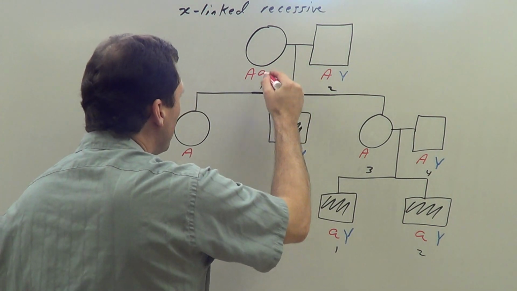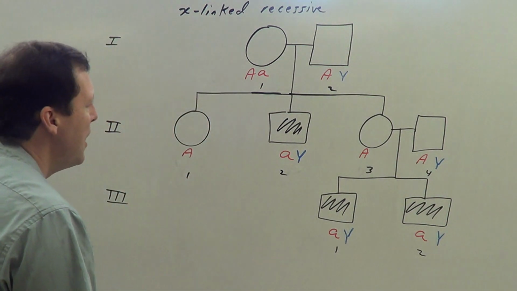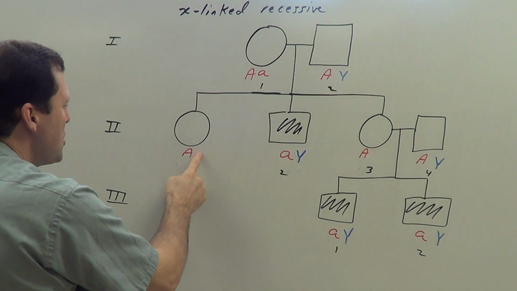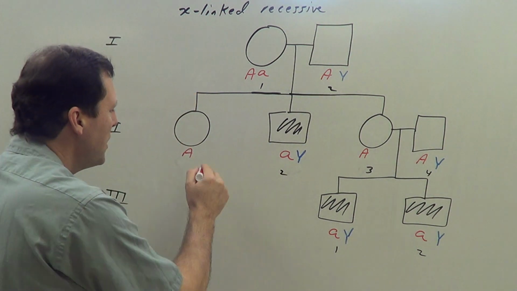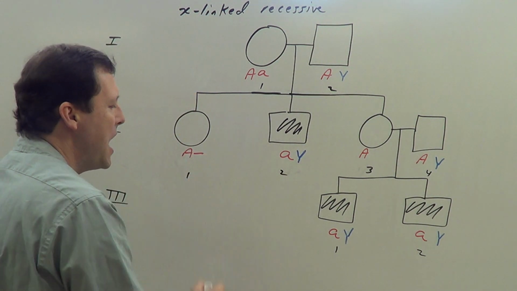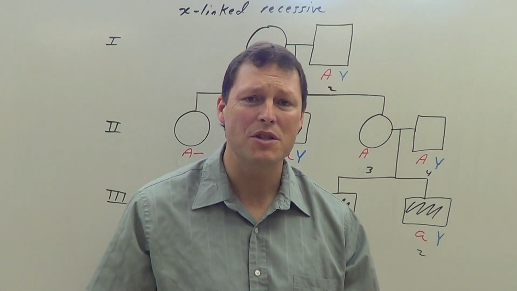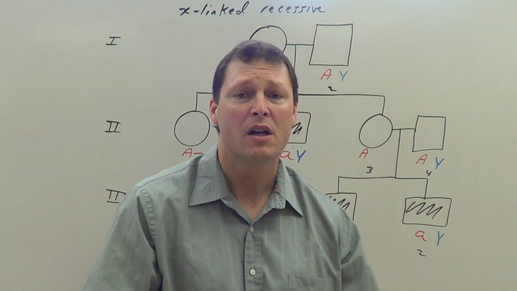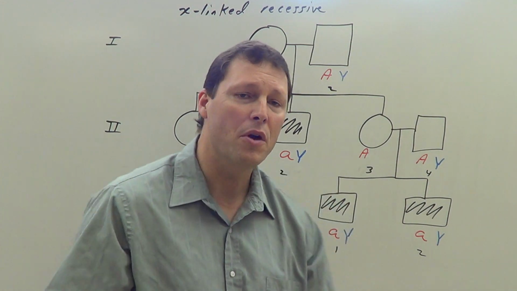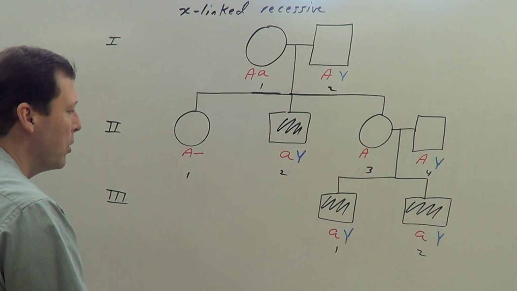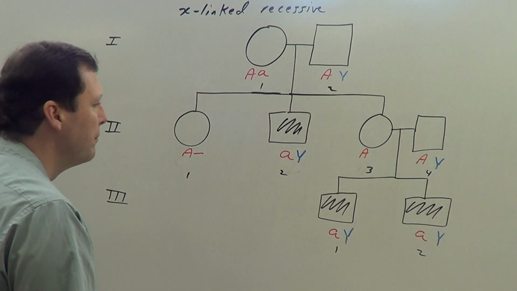So this is going to be a lowercase a there. Now can I figure out the second letter? I still can't for sure, so I'm going to put a dash there. The dash indicates I don't know what that second letter is for sure. It could be a capital A, it could be a lowercase a. Maybe when this individual has some kids, we could figure it out then. But right now, I don't know for sure.